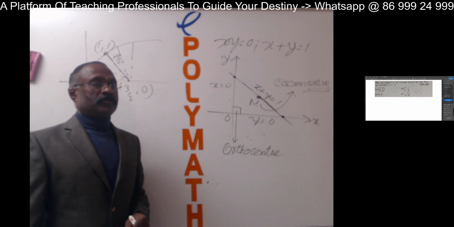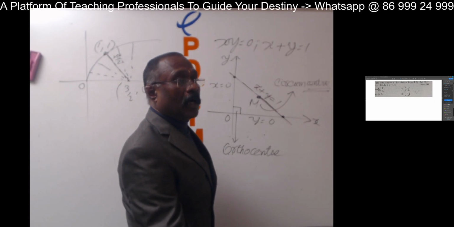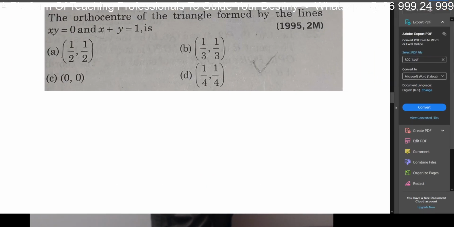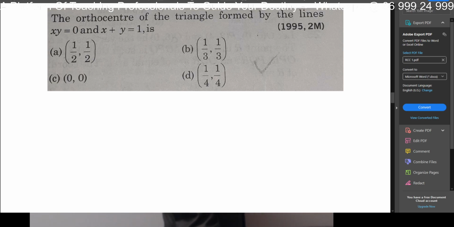Can you reply what should be the answer? We need the orthocenter for this one. Do you reply, please? The orthocenter of the triangle formed by the lines xy equal to 0, x plus y is equal to 1.